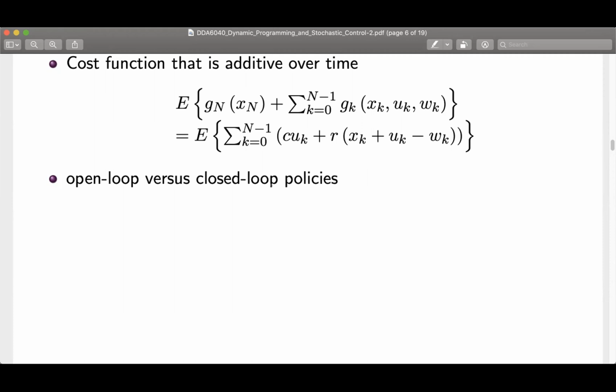You postpone determining the order until the last possible moment. Not like the open loop policy, where you do it at once at the beginning of the dynamics. Here you postpone your decision because there is no penalty for delaying your order up to time k. You are allowed to do so.